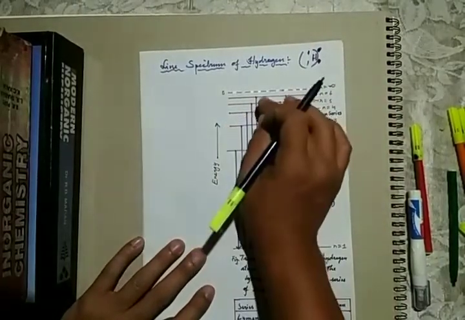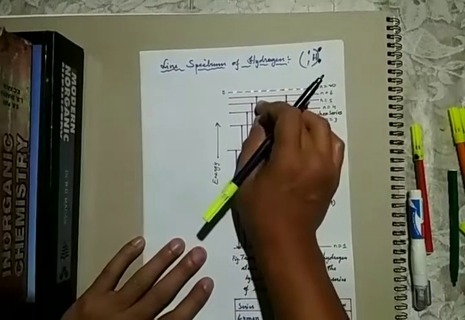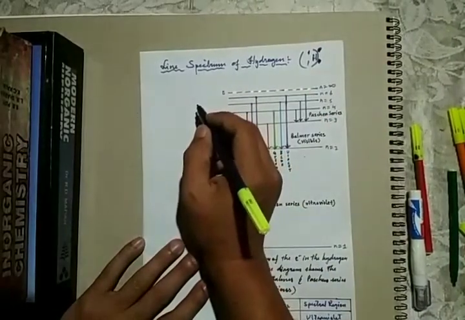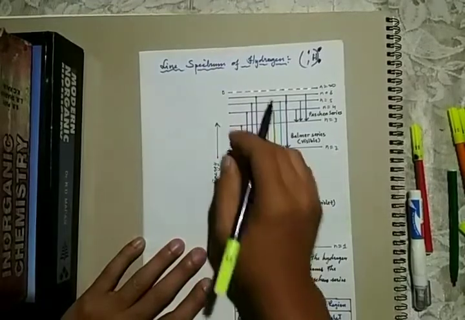When electric discharge is passed through gaseous hydrogen, the hydrogen molecule dissociates.